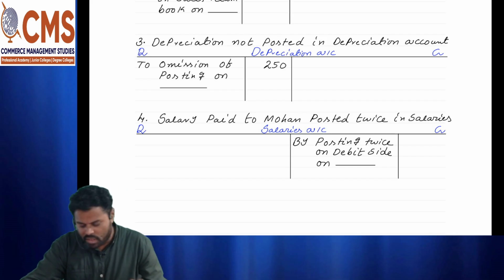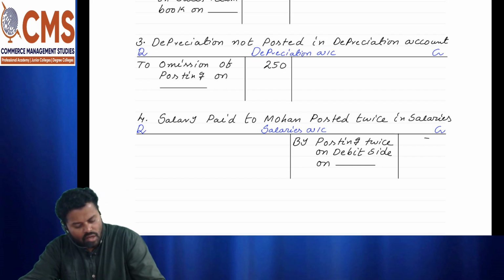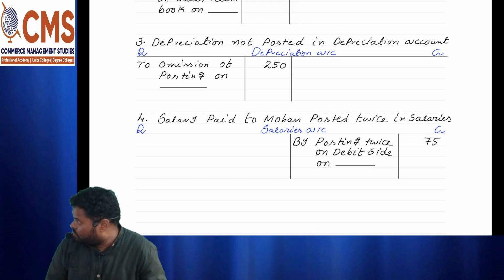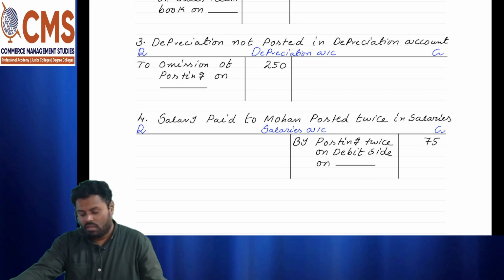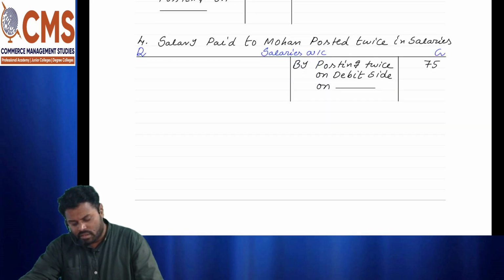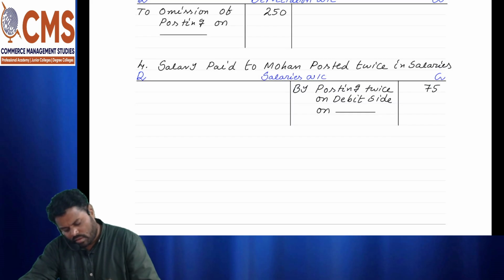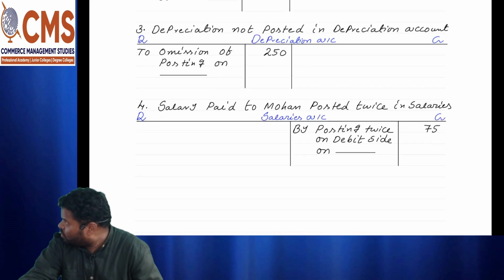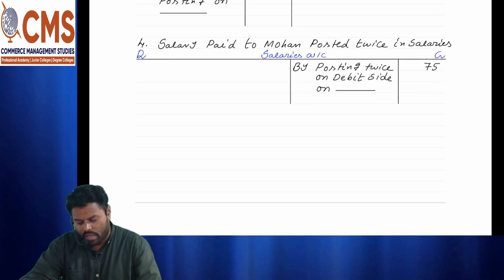Posting twice on the debit side on the date. So we are writing how much there? 75 rupees. Salary account has been adjusted. Next, fourth is over. Third is over. Right. Fourth is also over.